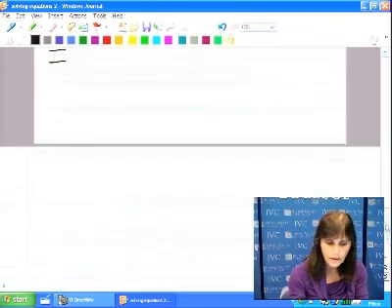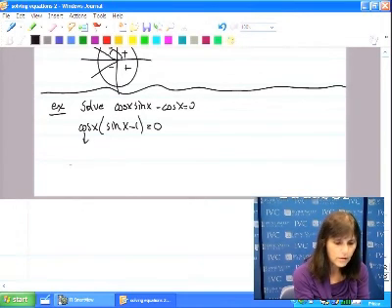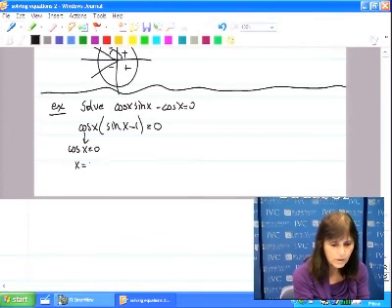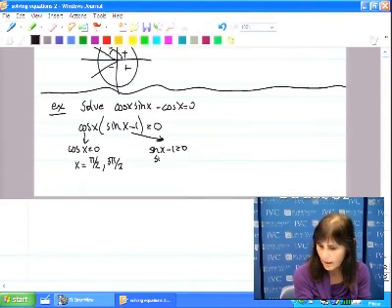And then we factor cosine x out, sine x minus 1. We set cosine x to 0. And then we got x equals pi over 2 or 3 pi over 2. And from here I have sine x minus 1 equals 0. That means sine x equals 1.